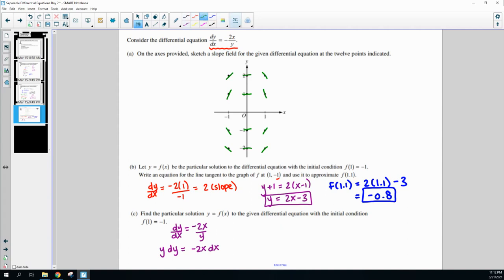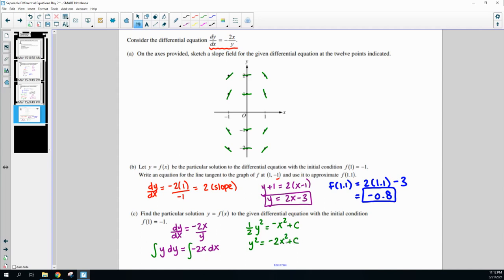From here, we are going to take the antiderivative by taking the integral. So we're going to end up with 1/2 y squared equals -x squared plus c. And then I'm going to multiply both sides by 2, so I'll get y squared equals -2x squared plus c.